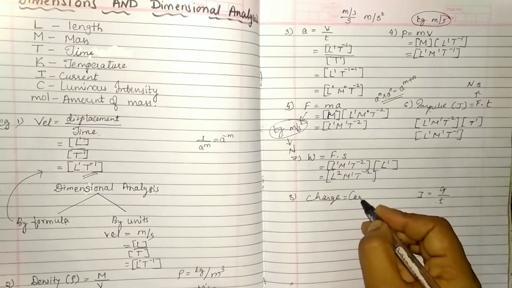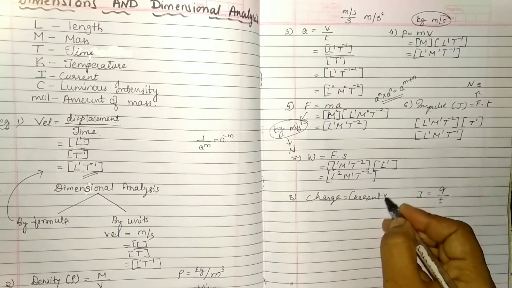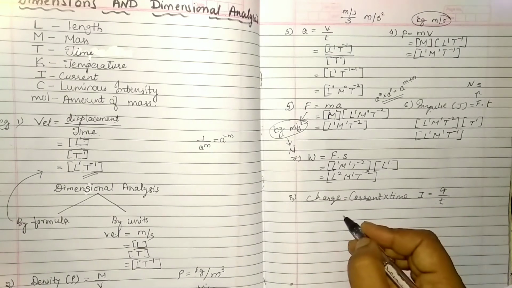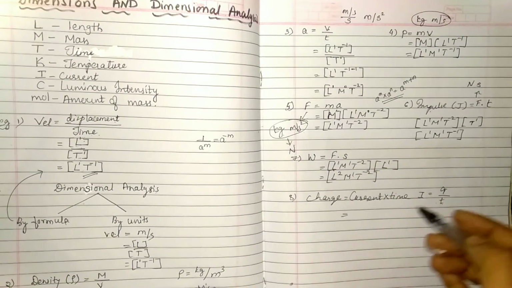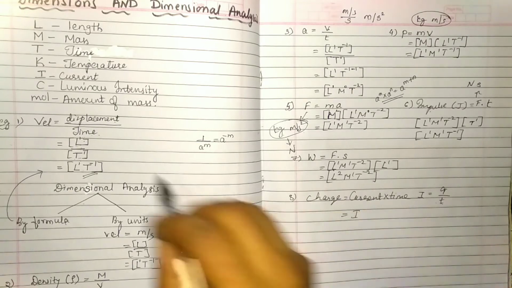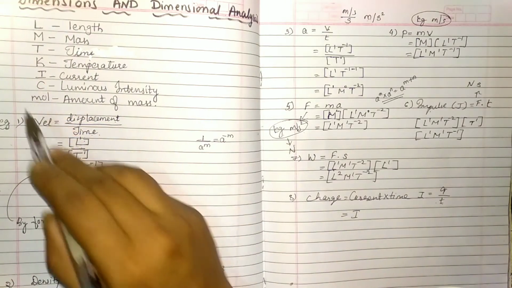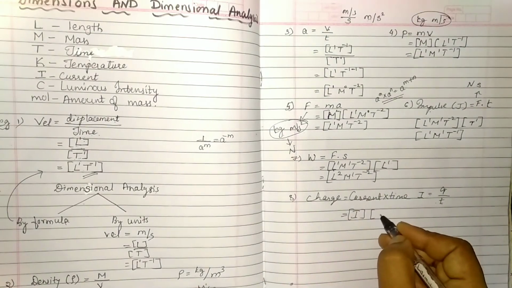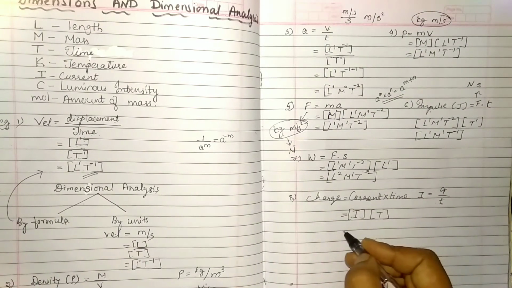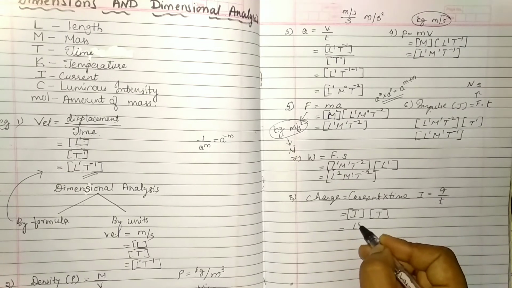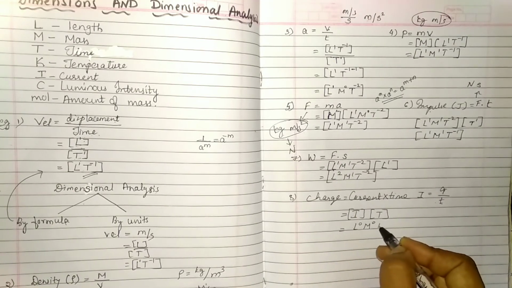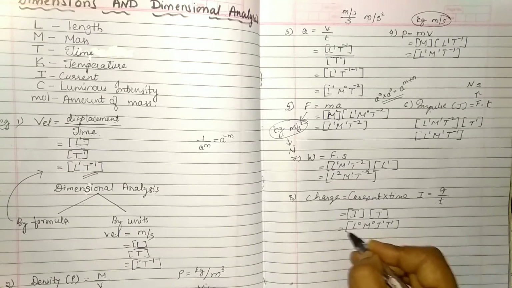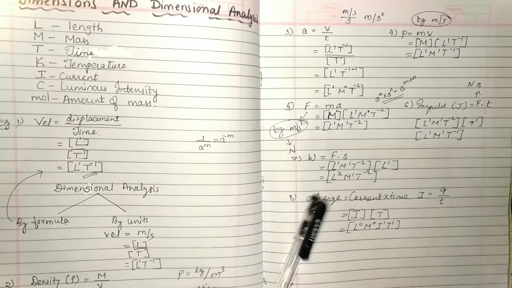So can I take it as current into time? Current is I, take from here. Then time is in terms of t. So L is 0, M is not there, but I is introduced and t also introduced. So this is the dimension of charge.